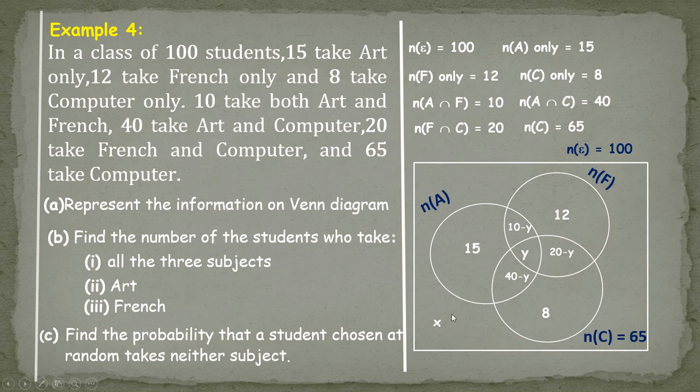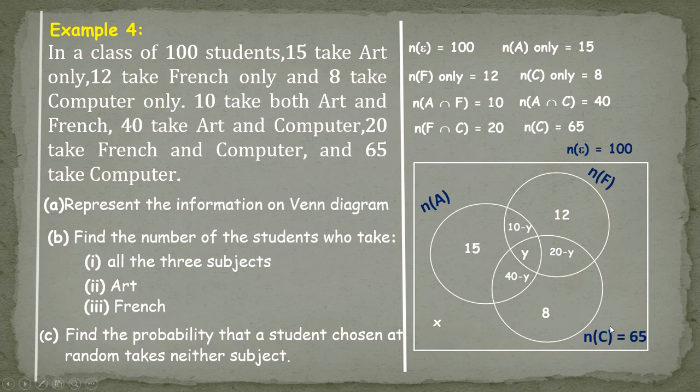So if I add this and equate to 100, the equation I come up with will have x and y, which will not be easy for us to solve, since the unknowns will be 2 in one equation. You can check that. Add all this information here and equate it to 100.